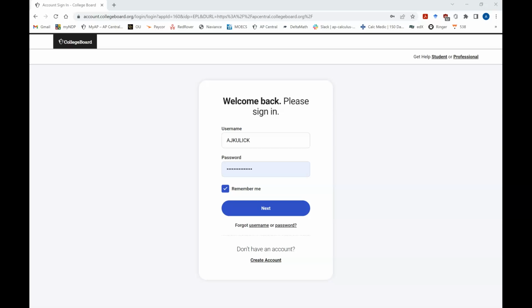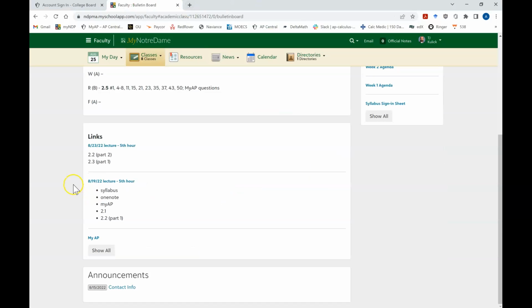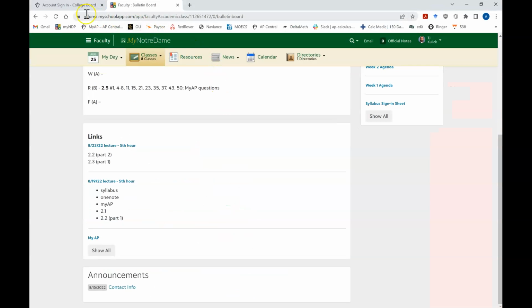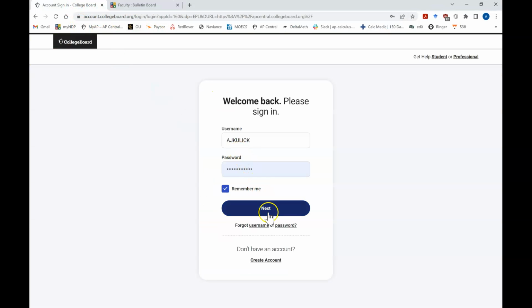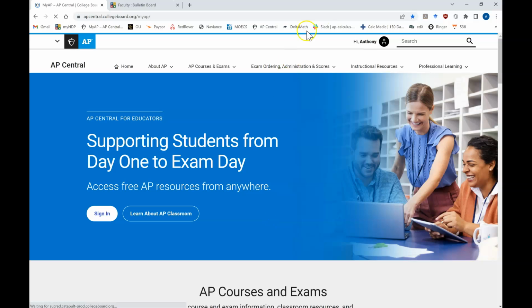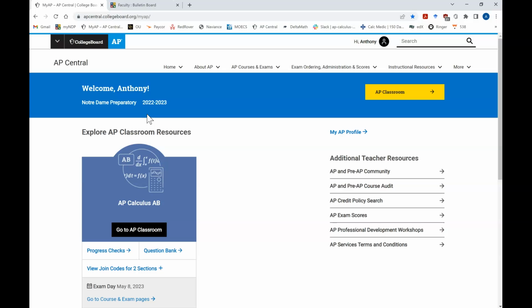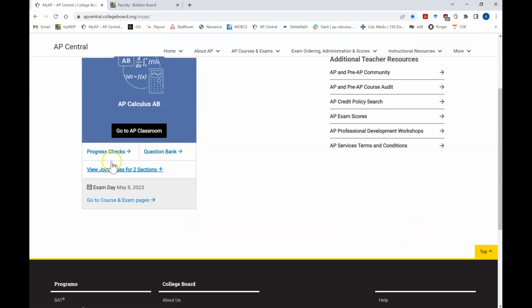From the links page, I'm going to click the My AP link. We all did this before and signed up and registered for the class. So you'll do your sign-in, and down here we should have an assignments link.